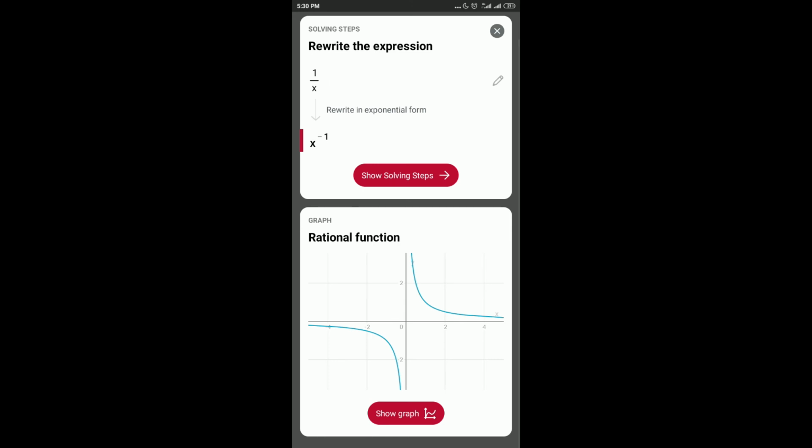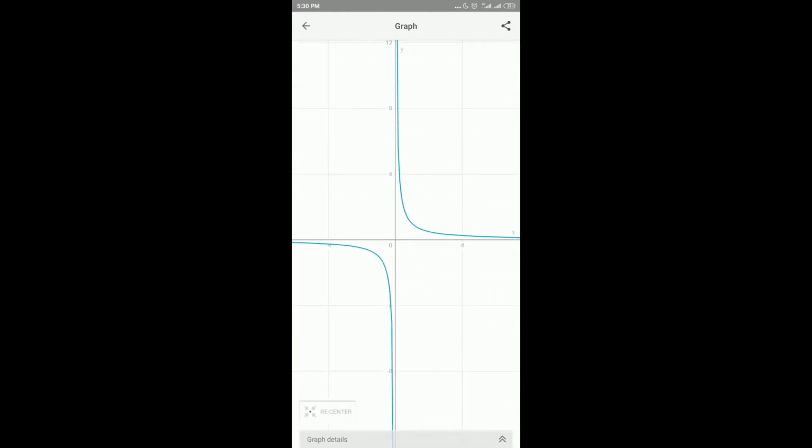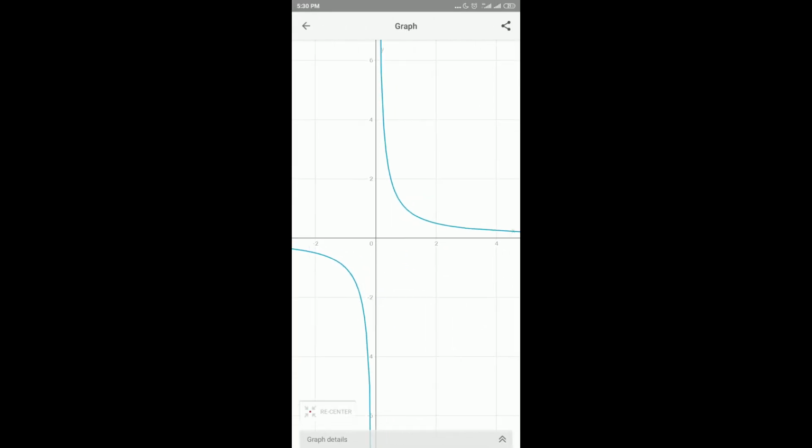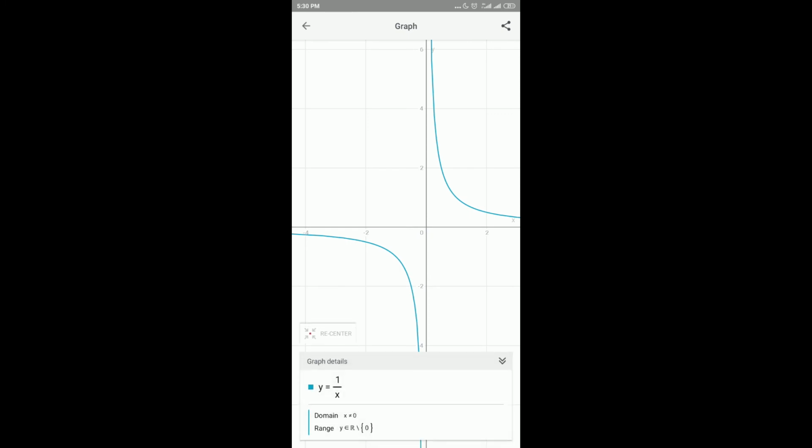And this is what the graph looks like. When you press the graph details, it will show you the domain and the range.